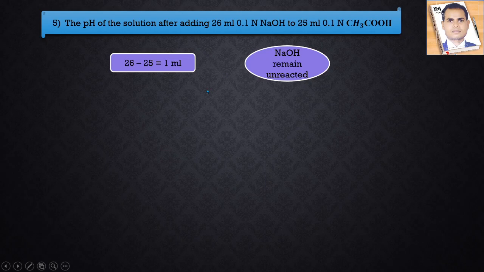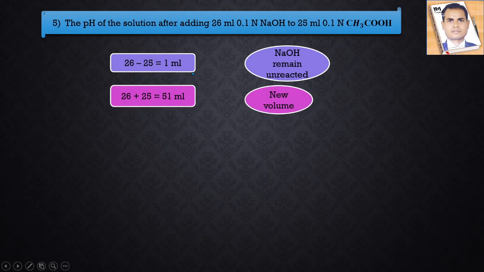That means 1 ml of NaOH is extra, so NaOH remains unreacted. Again 26 plus 25, the total volume will be 51 ml, which we consider as the new volume.